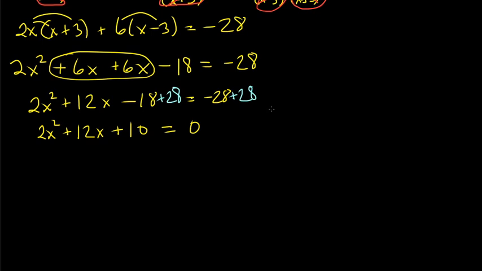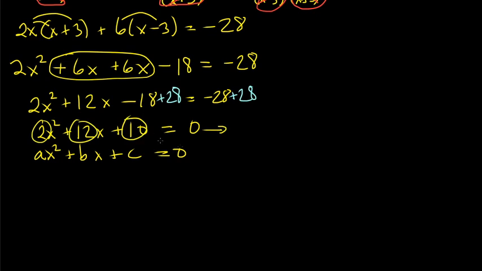So this should look familiar. This is a standard quadratic equation, standard form. If you want to use the quadratic formula, go right ahead. If you want to complete the square, that's probably not the best way, but that would work. Well, here's how I'm going to do it. Notice that these are all even numbers.